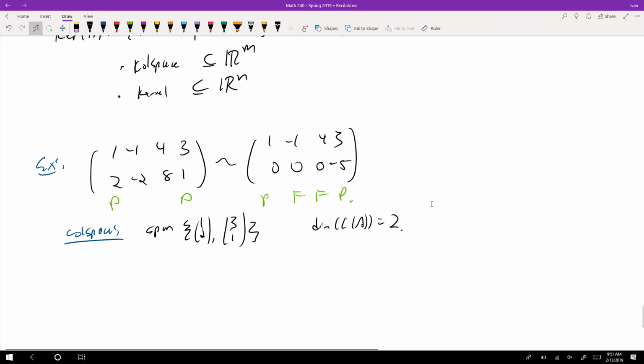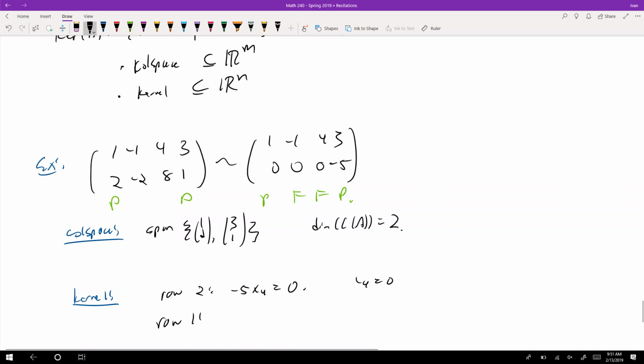And what's our kernel? Well, now for the kernel you just have to solve for the null space of this matrix, which you should know how to do. Row 2 tells us that -5x4 is equal to 0, so x4 is equal to 0.